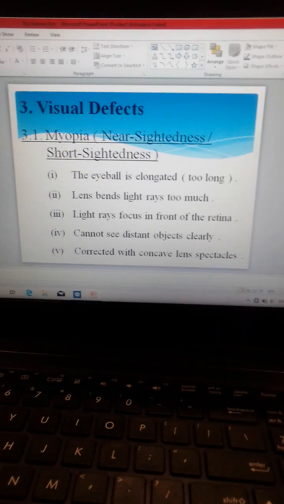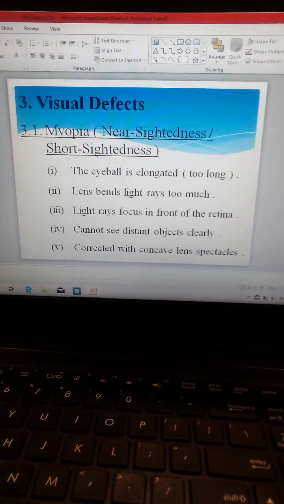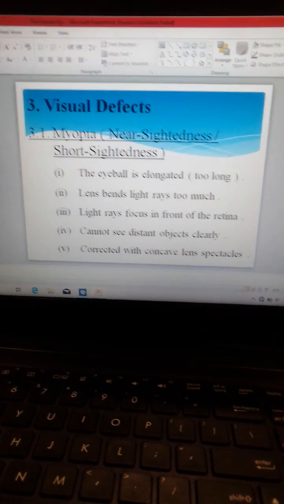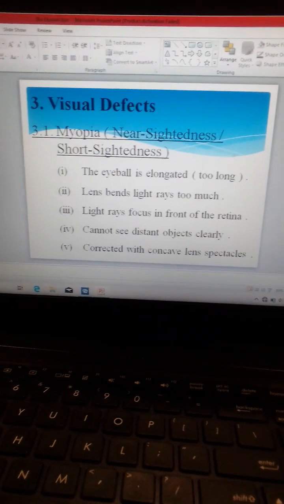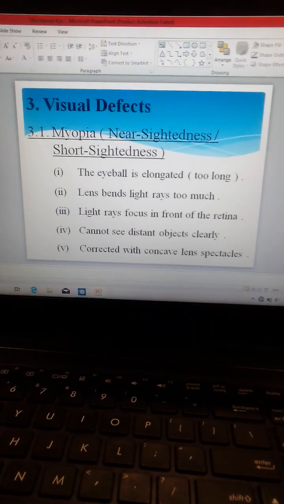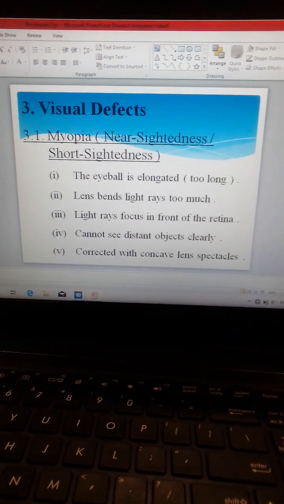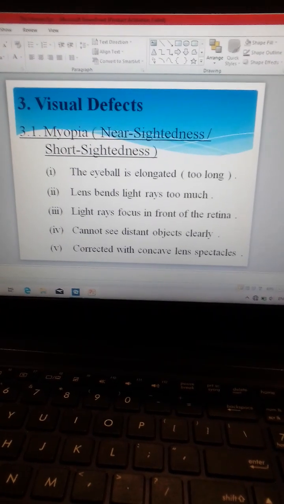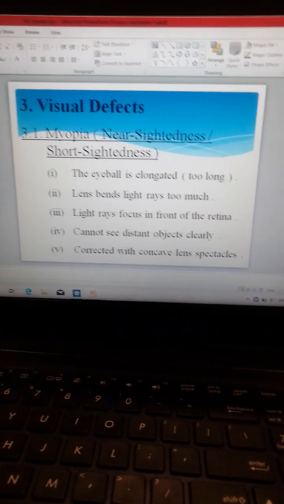Now, when you're asked about hyperopia or hypermetropia, long-sightedness or far-sightedness, you should know that the eyeball is flattened or too short. The lens does not bend light rays enough.